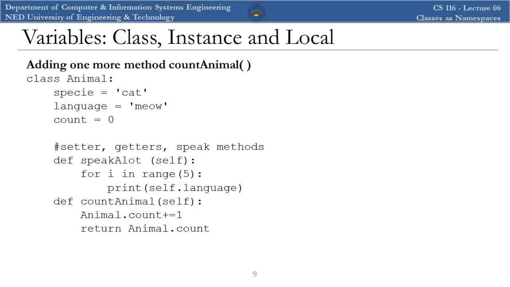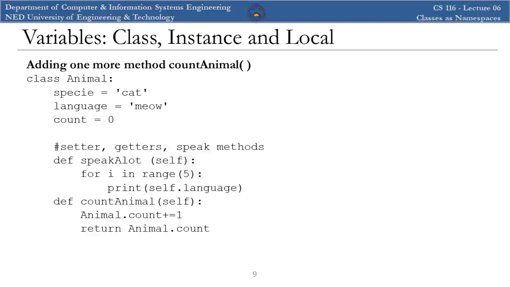So Animal.count will not access count from the namespace of any object, but from the main namespace, the namespace of the class blueprint, right? And i is the third one, and since we are not accessing it using self dot or class name dot, it's a local variable and it will reside as long as that method resides.